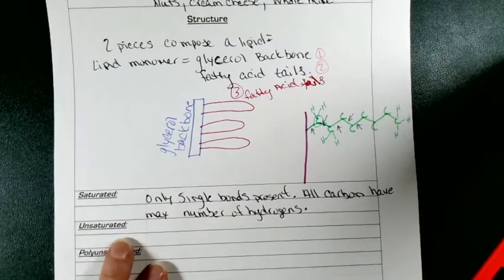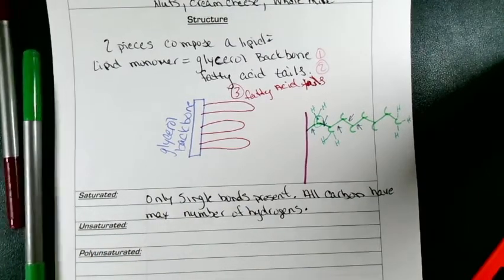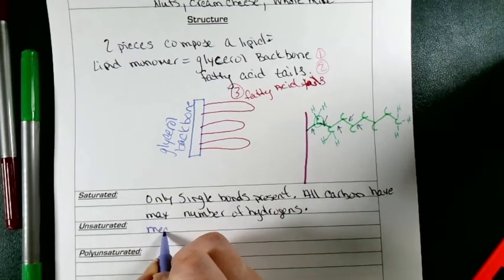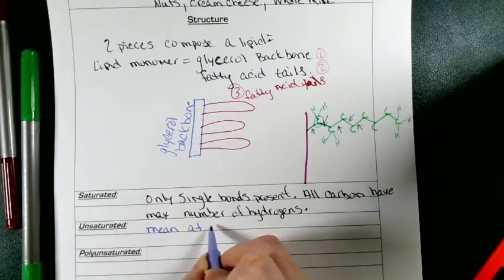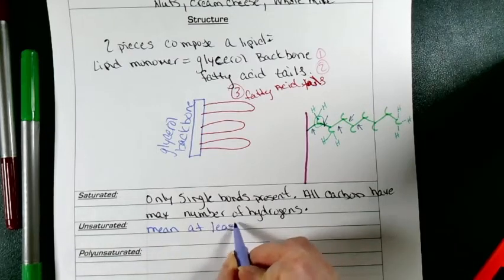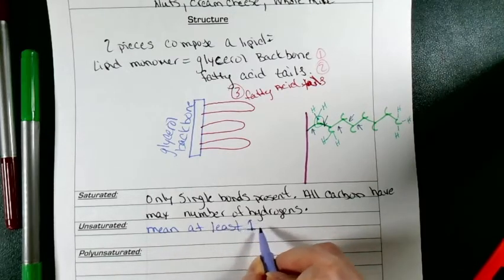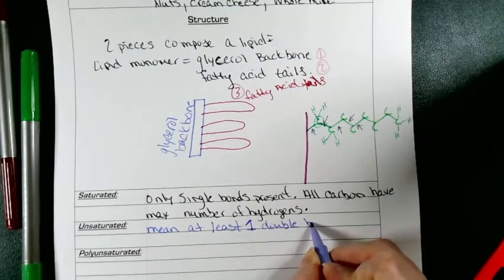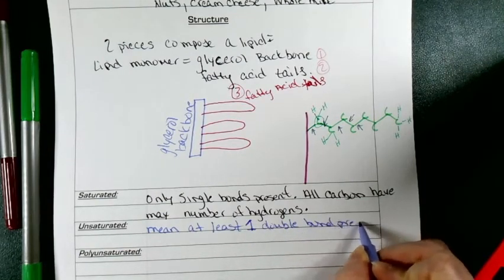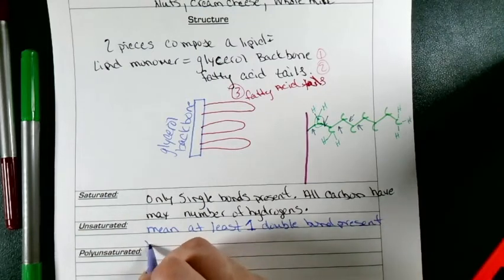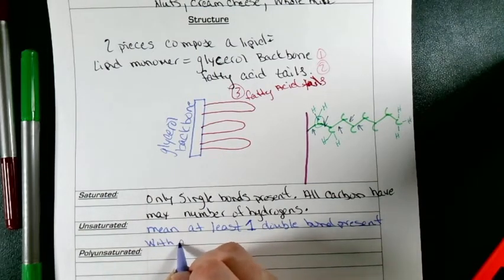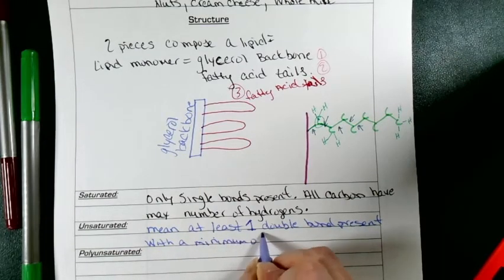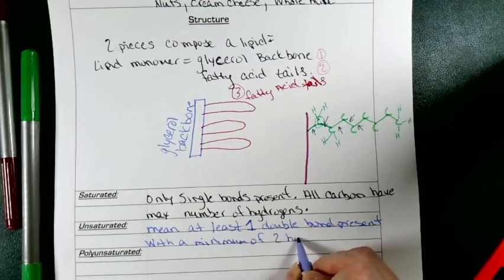Now, if we go to identify unsaturated, unsaturated means at least one double bond is present, with a minimum of 2 hydrogens missing.